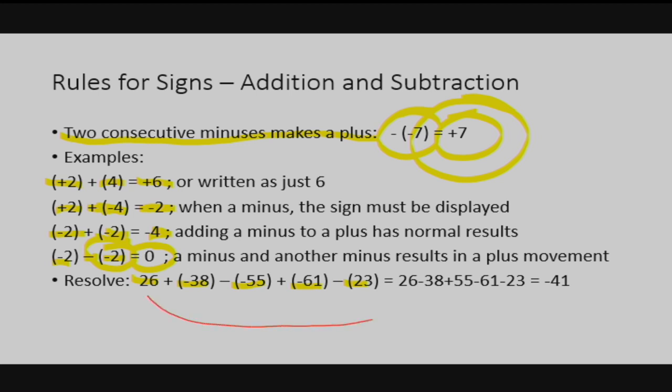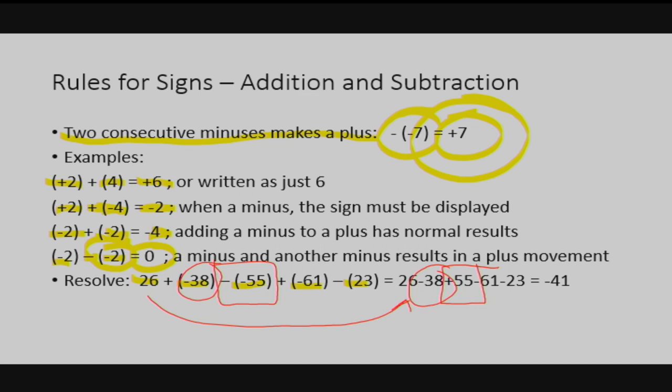This 26, no problem, it goes to that 26. Plus minus 34 stays then minus 34. Oh, here we have a plus. Well, it's a minus and a minus, so that must make a plus 55. And there you've got your plus 55.